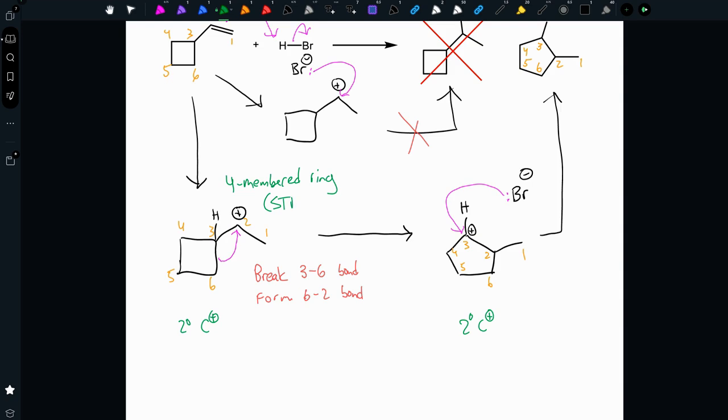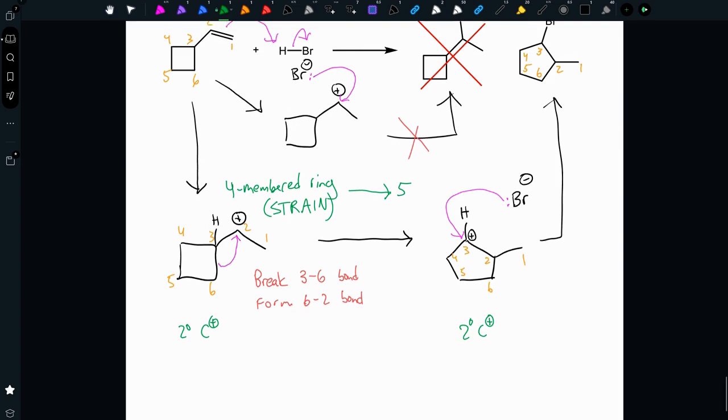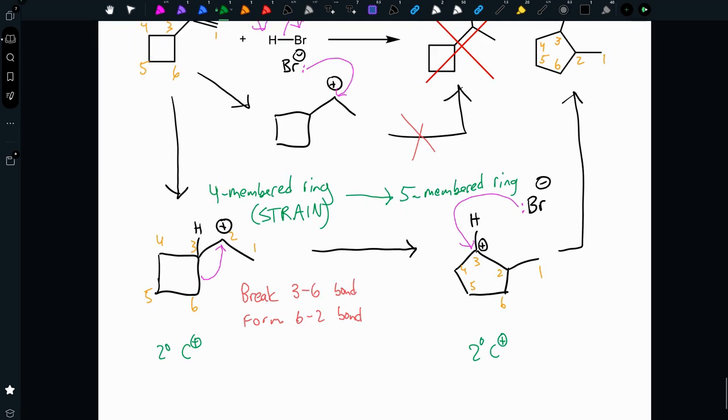Remember, a 4-membered ring has lots of ring strain, but a 5-membered ring has very little ring strain. So the driving force here is that we relieve some ring strain.